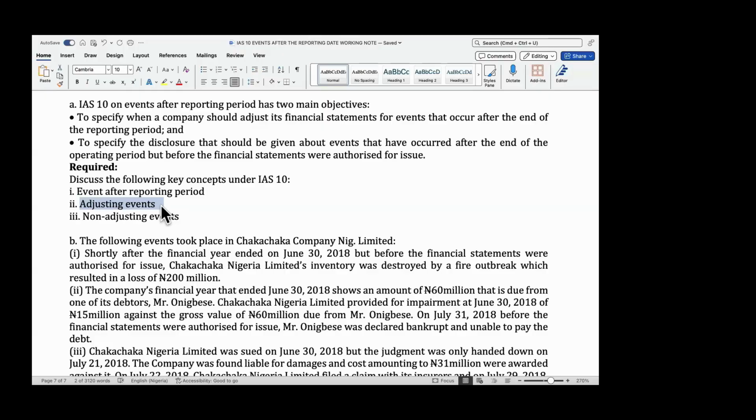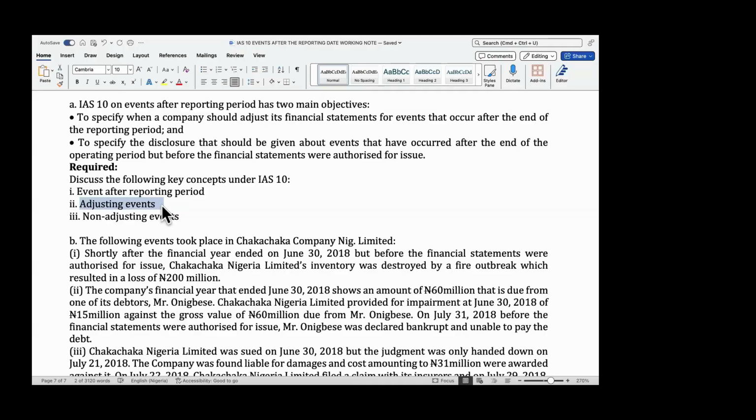That's correct. So they give us more information. These are events that give us more evidence. They help us confirm situations or conditions that were already existing, that were true, that were there at the reporting date. So this event just confirms them.